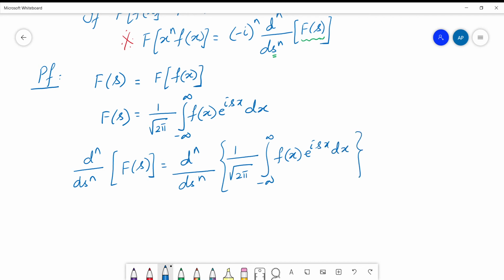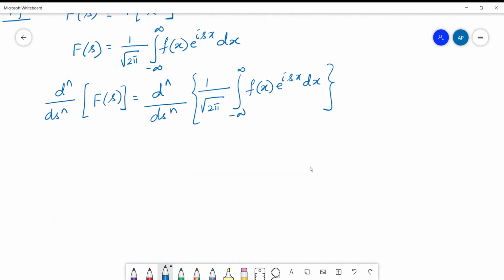We have an integral to be differentiated n times. And when we send the derivative inside the integral, now you see, I have two variables, one is s and another is x. So what happens? It will turn out to be a partial derivative. So you see how it changes?